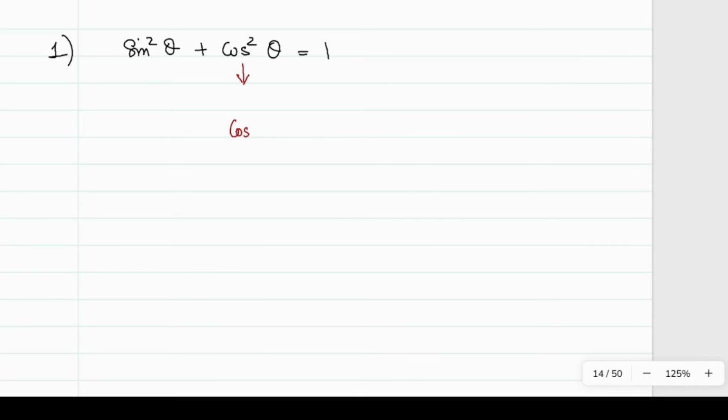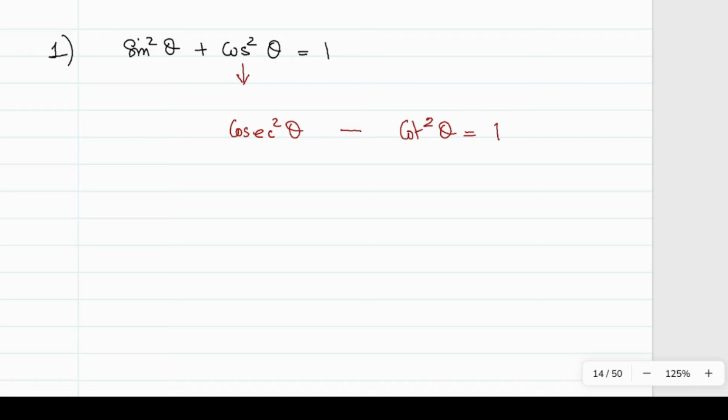Think about which trigonometric ratio starts with cos itself. It is cosec²θ. Now think about the next trigonometric ratio which also starts with c, that is cot. That is, cosec² minus cot² will give me the value 1.